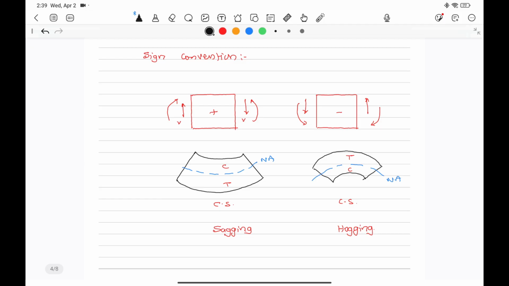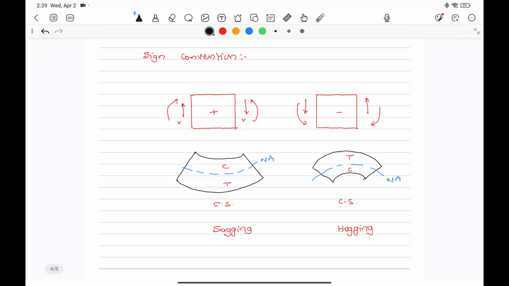The bending moment acts in such a way that, for a section, both sides have a pair of bending moments such that tension is at the top and compression at the bottom, and hogging takes place. That type of bending moment action is negative.